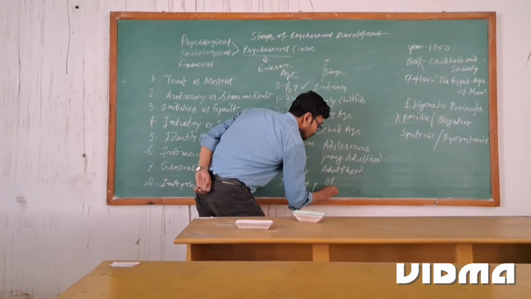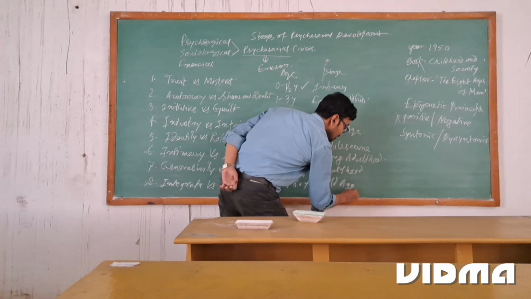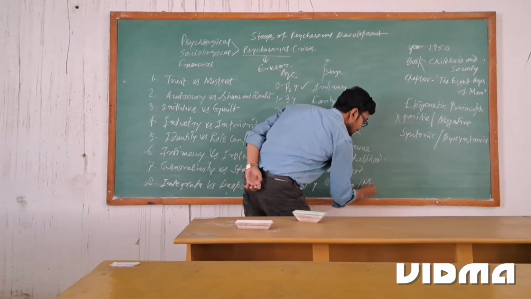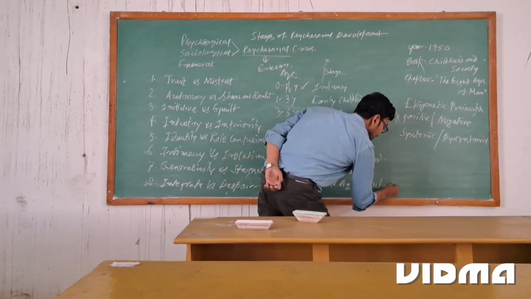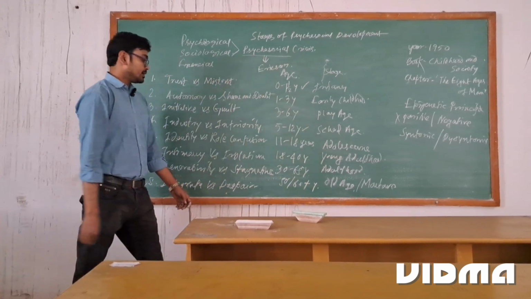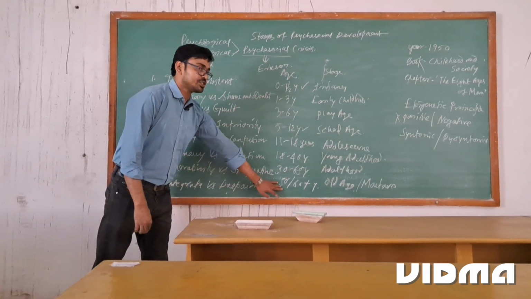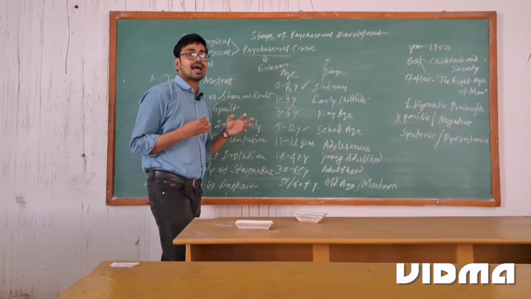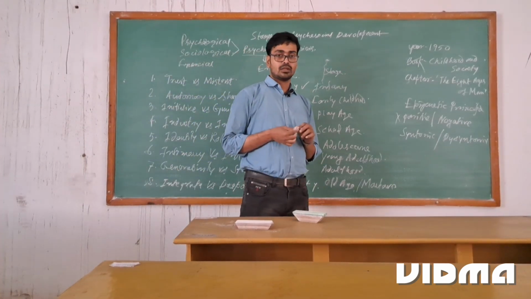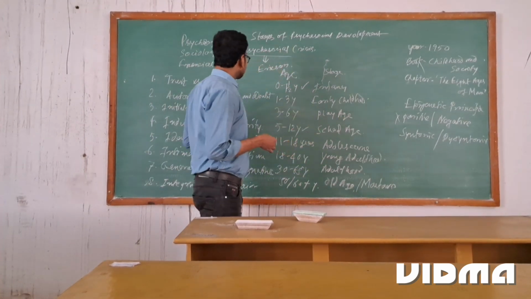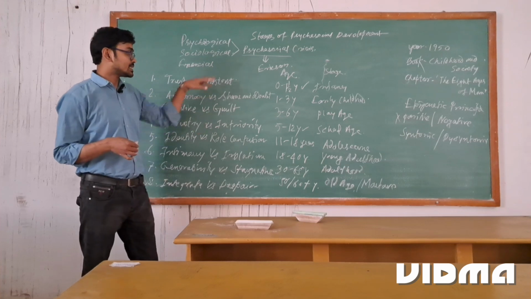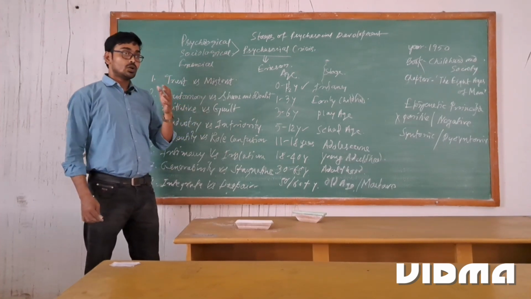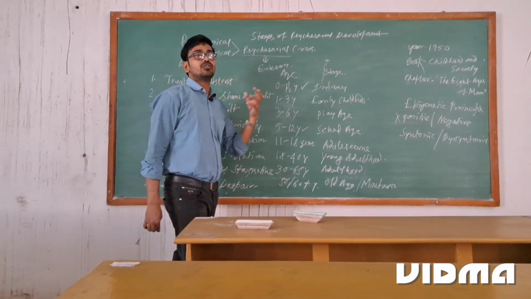And at the old age or mature age, near about more than 50 or 60 plus years, the integrity versus despair crisis appears. And in all the crisis stages of psychosocial development, there are positive and negative virtues.